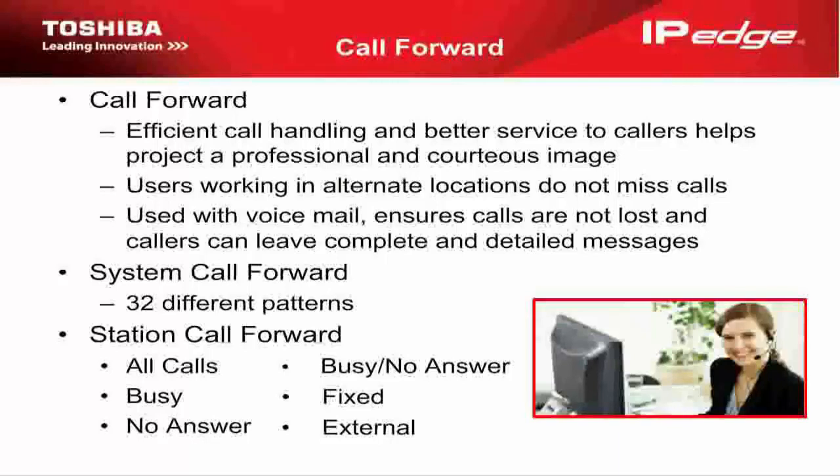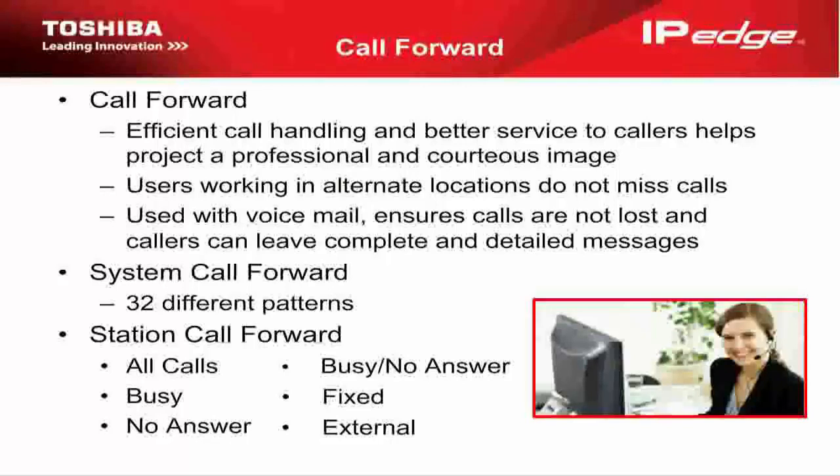Each type may be activated independently or simultaneously for each telephone. If Station Call Forward is activated, it will always override System Call Forward. System Call Forward forwards unanswered calls to voicemail or some other predetermined destination.